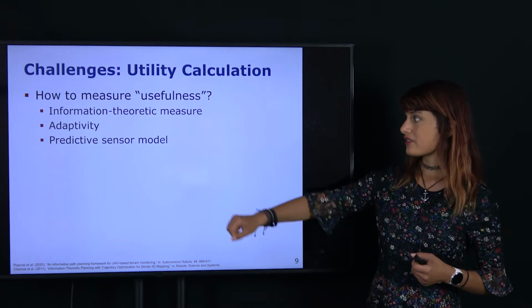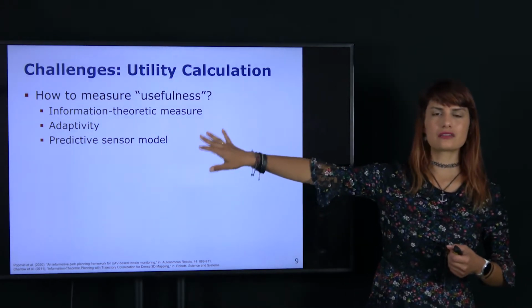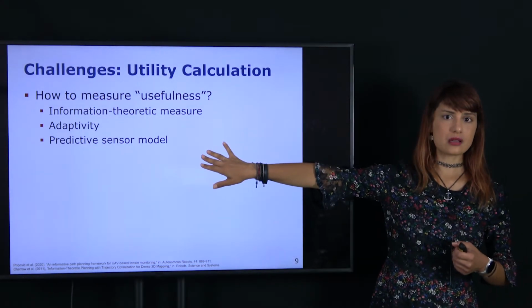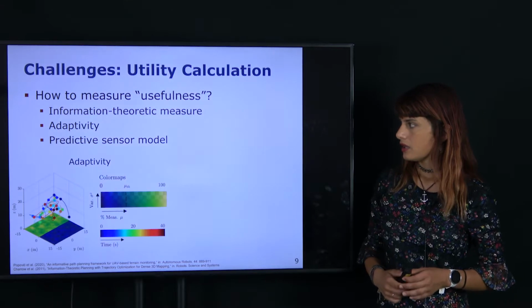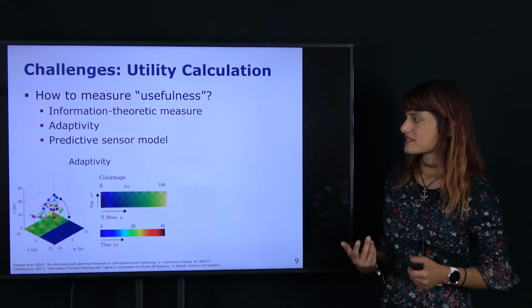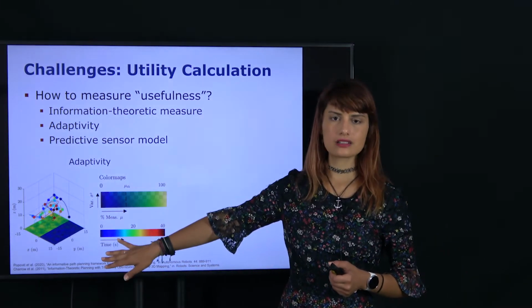However, in general, developing the predictive sensor model is a very tricky thing in informative planning, and it is a subject of much ongoing research. So here again, are some examples of these specific challenges associated with the utility calculation.